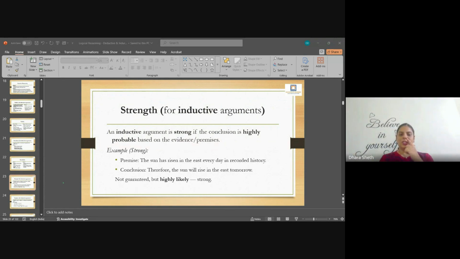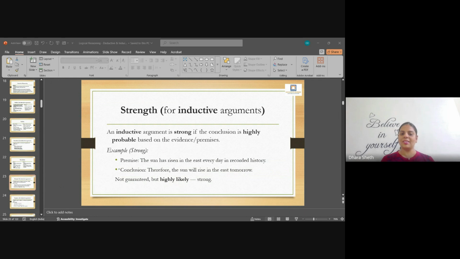Okay. Strength for inductive arguments. Forget comparison with validity, because in inductive arguments we are talking about observations. An inductive argument is called strong if the conclusion is highly probable based on the premise.